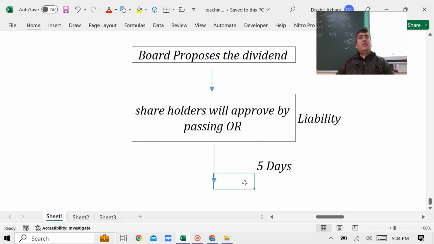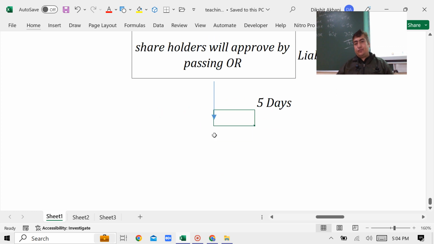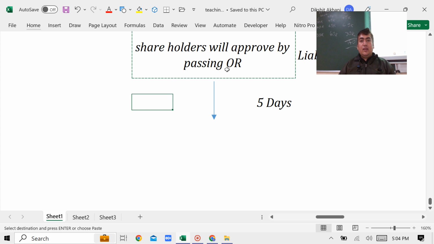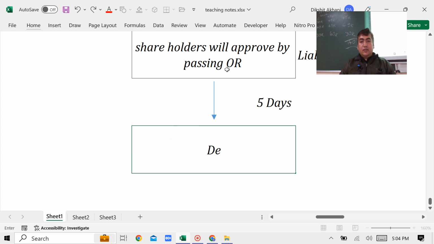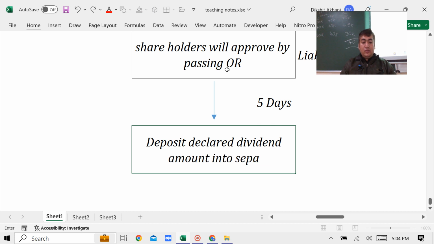Maximum 5 days. And within 5 days, they need to deposit the declared dividend amount into a separate bank account.